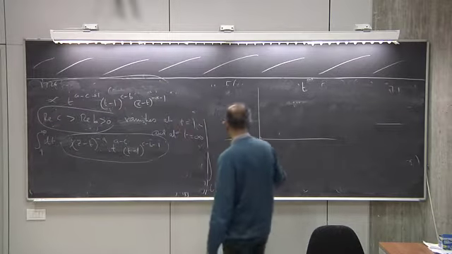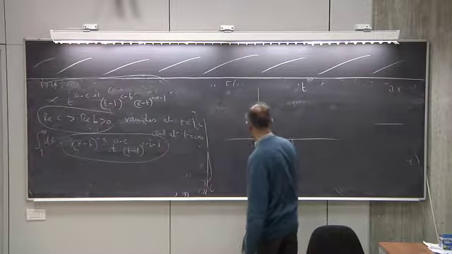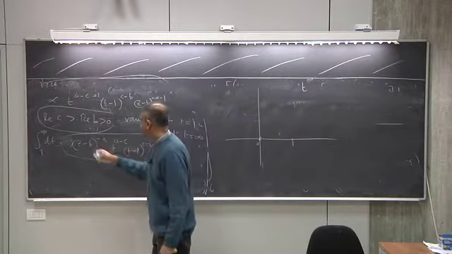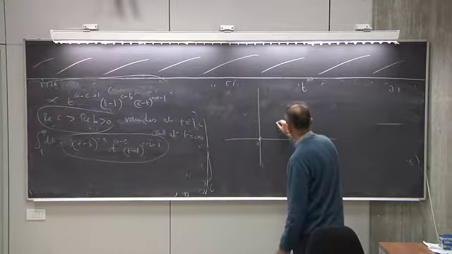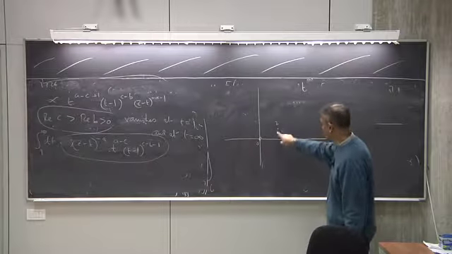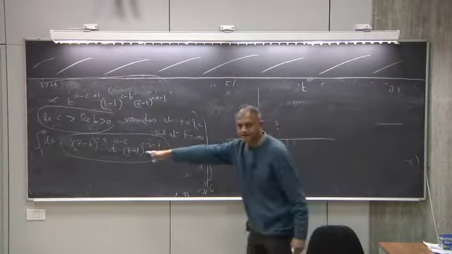Then at t equal to 1. So here is t equal to 1. This is 0, and t equal to z. Z could be somewhere here, whatever z is. So there is a branch cut here as well. Z is something fixed as far as this integral is concerned.